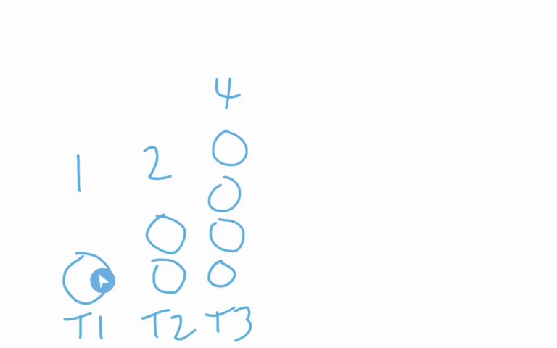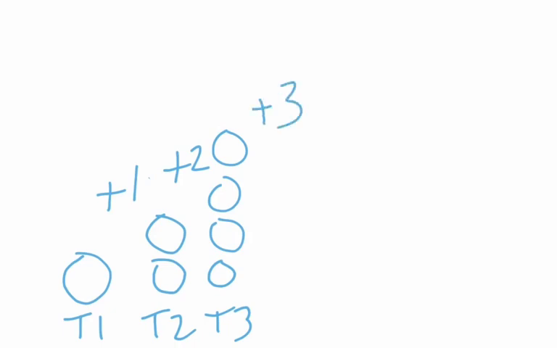I can say, oh look, this is doubling. We went from 1 to 2 and 2 to 4, so the next one should be 8 if I follow that rule. Or I could say that we are adding. So this one we added 1, this one we added 2, so the next one we would add 3. So it could be 7.